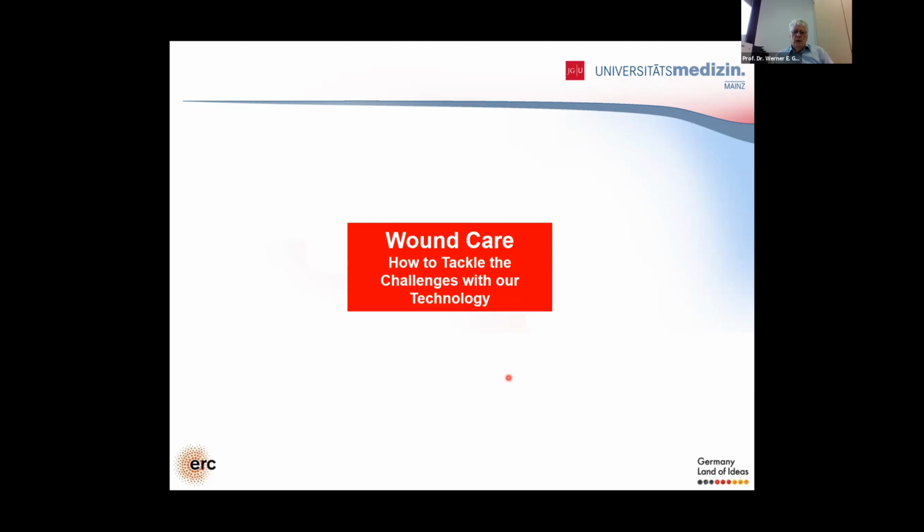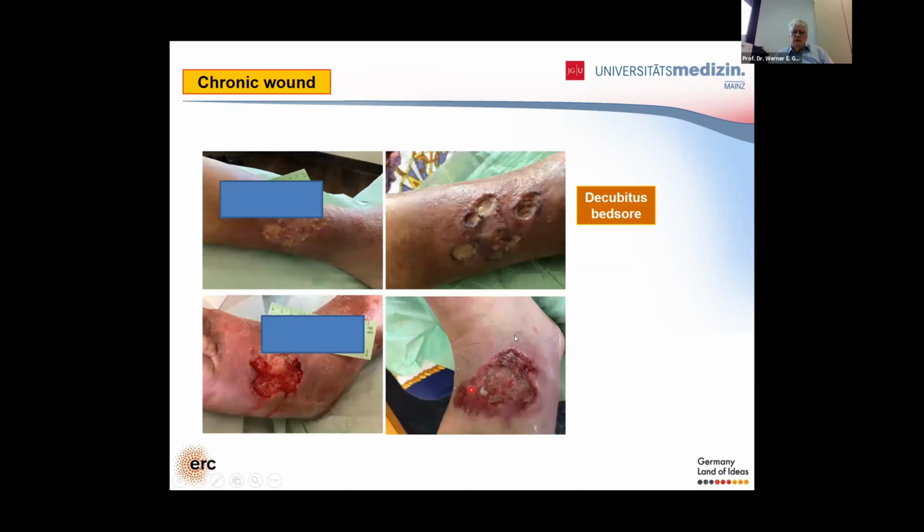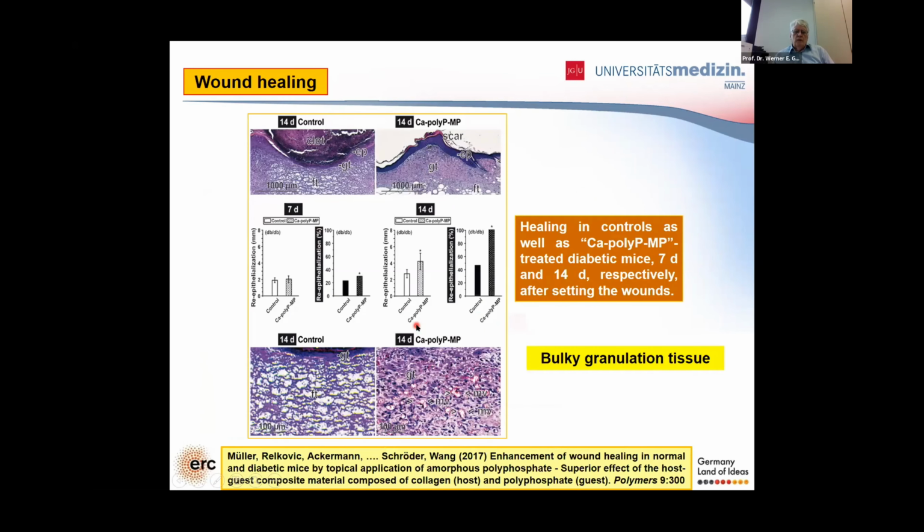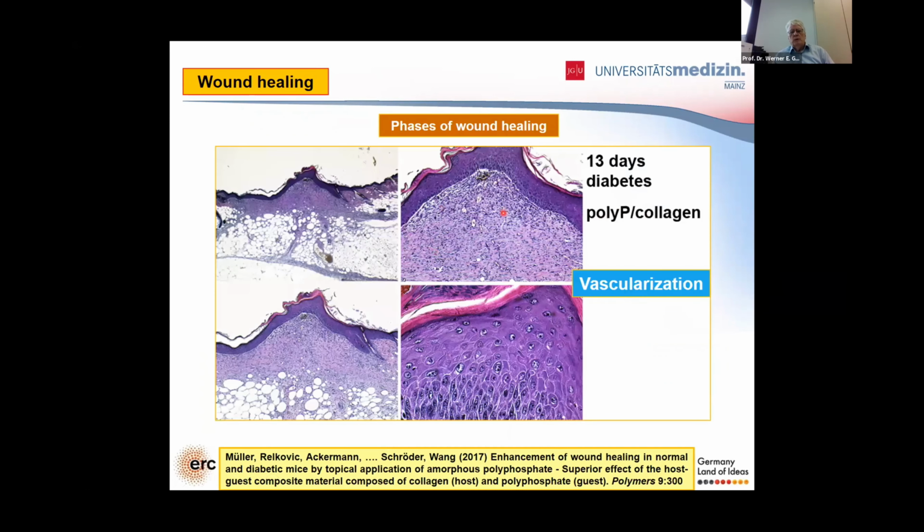And we have already performed some human studies, and we saw these kind of chronic wounds that are very difficult, if at all, possible to heal. We found from that in the region where we have this kind of regeneration, we have a high accumulation of vessels.